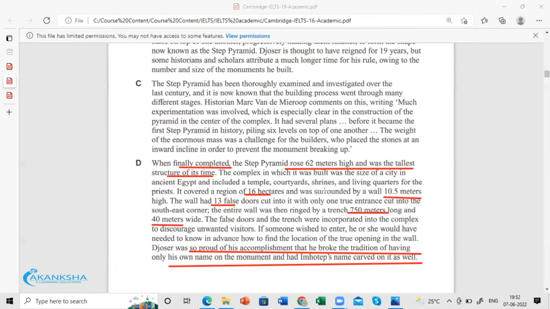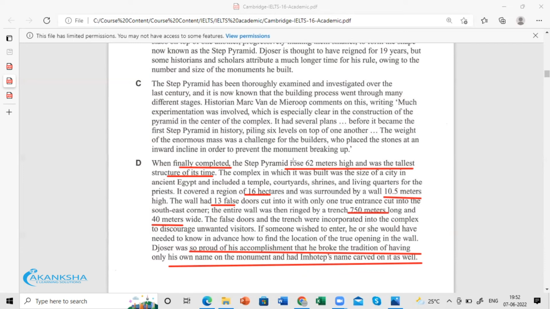In the second line, the structures included a temple, courtyards, shrines, and living quarters. What was inside and outside of the building? That was a quick way to identify when we look at the numbers. 16 hectares, 10.5 meters, 13 false doors, 750 meters long, 40 meters wide.